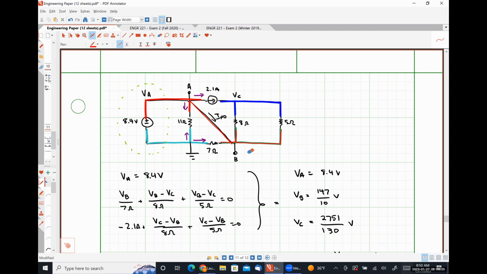Or you could just find the equivalent resistance and then divide the Thevenin voltage by the Thevenin resistance to get the Norton current, which would probably be the way that I would go because it seems like less work. All right, what is next?